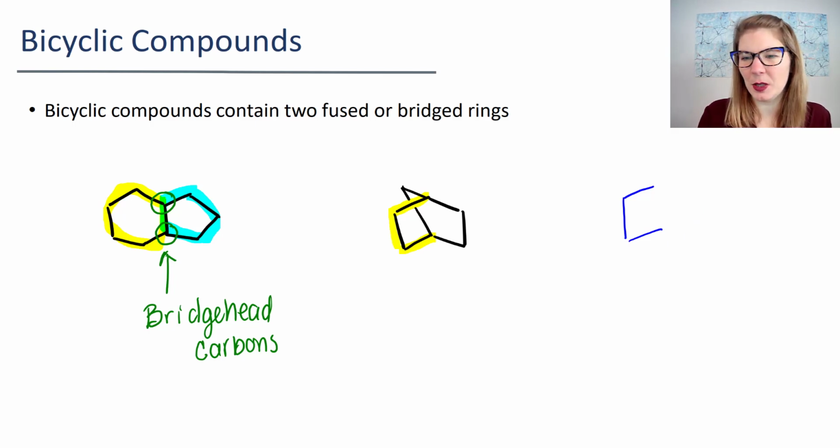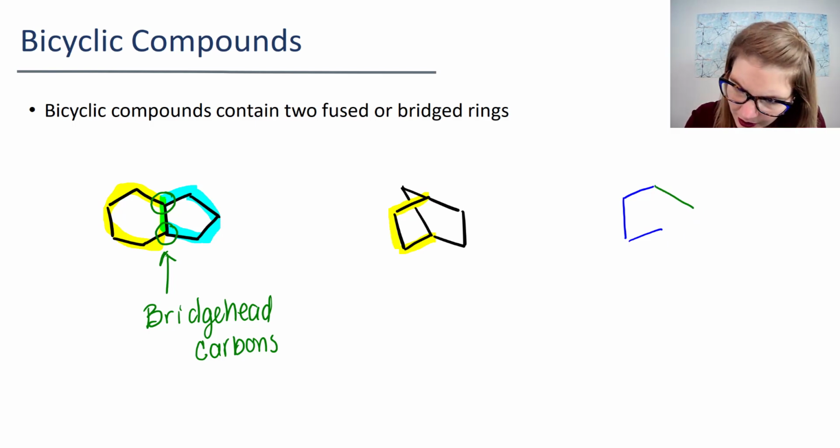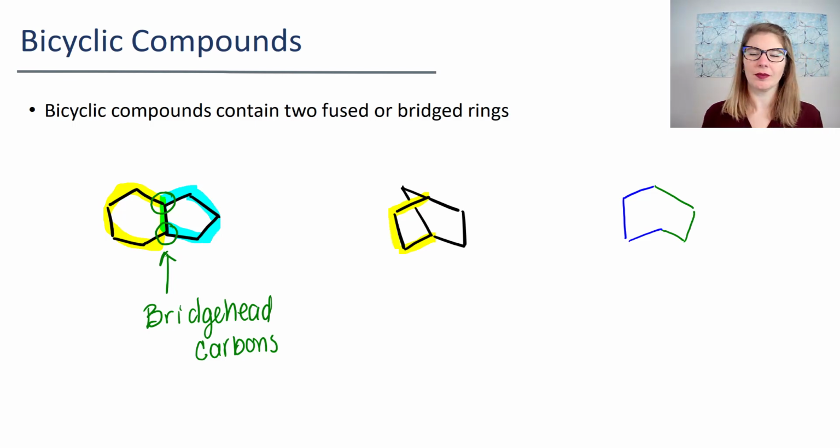So let's make that nicer. And then this six-membered ring, which is drawn a little bit differently. I've purposefully drawn the bond here and the bond here going up instead of the way we would normally draw cyclohexane. And then we have a third section that I'm going to draw in a different color.